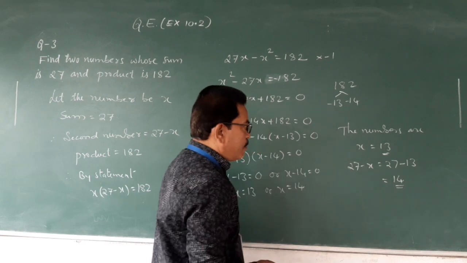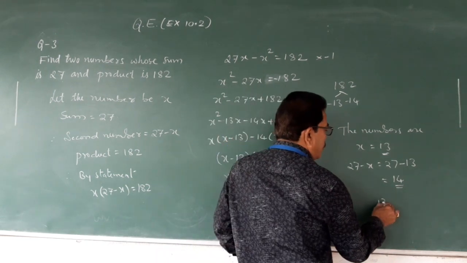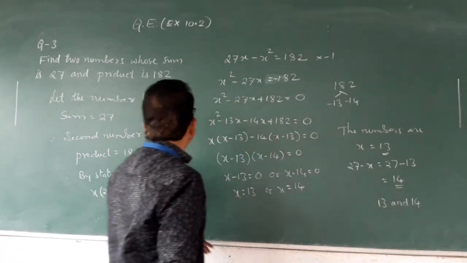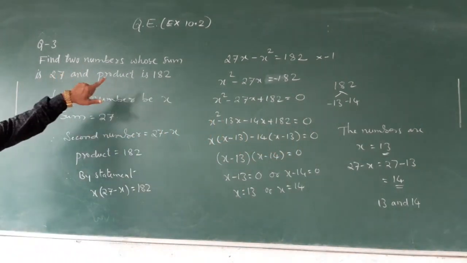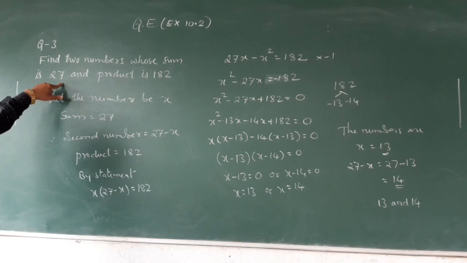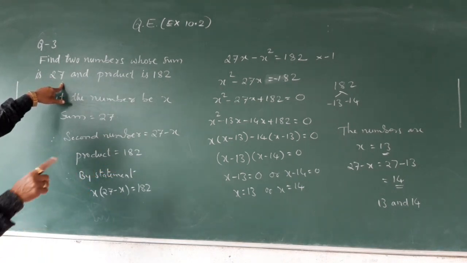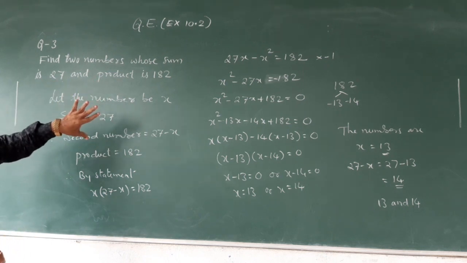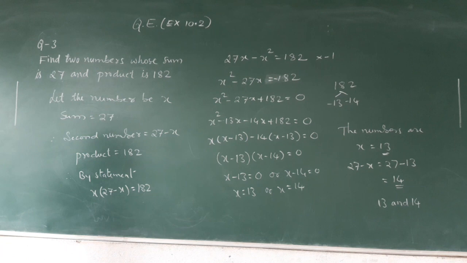See, the numbers are 13 and 14. Find two numbers whose sum is 27: 13 plus 14 is 27. Then the product 13 into 14 will be 182. So see the method of solution once again.